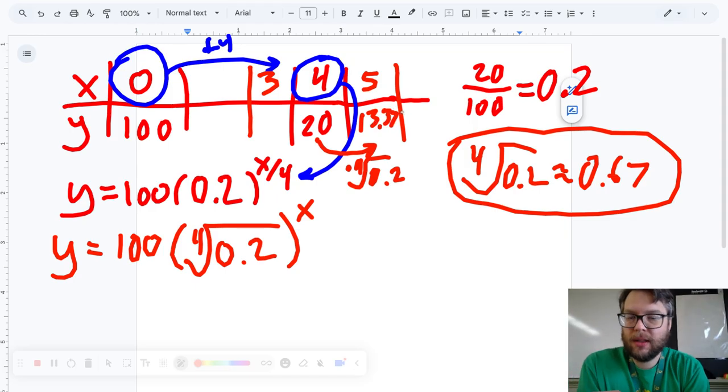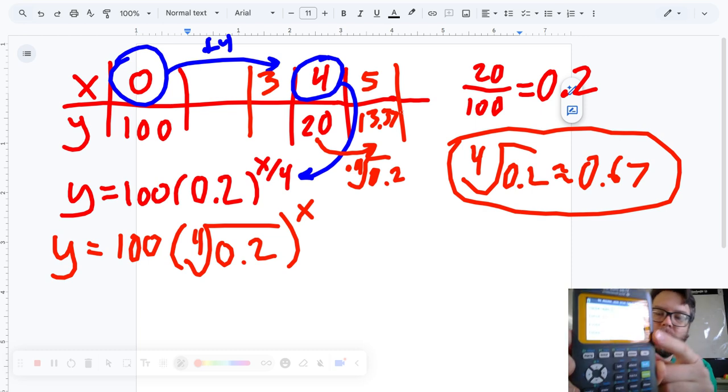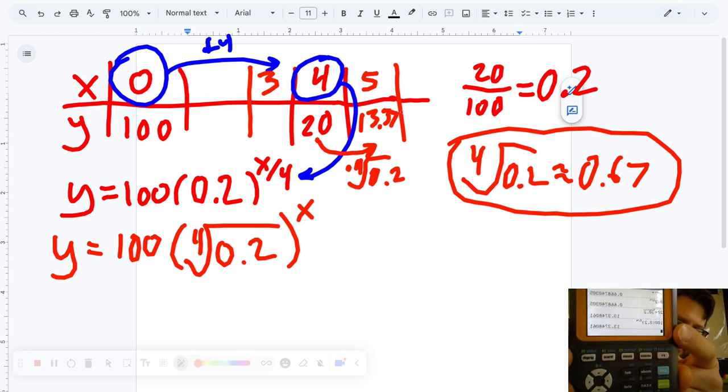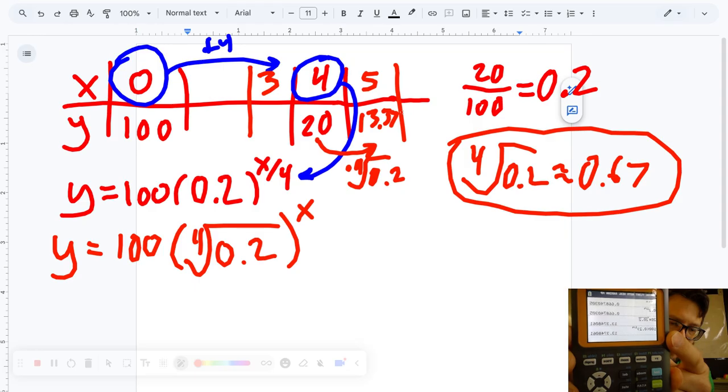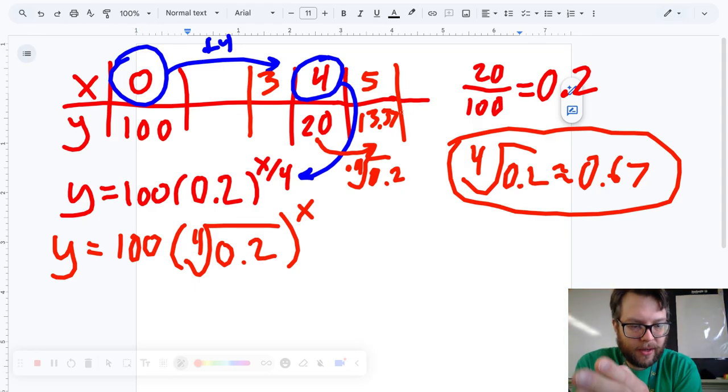I could also have got that answer by using my equation, 100 times 0.2 raised to the x over 4. And if you notice, I just put a little 5 over 4 as my exponent because I'm looking at the x equals 5. So one way to work forwards is to just take your y value and multiply by your factor, and the other way is to use your equation.